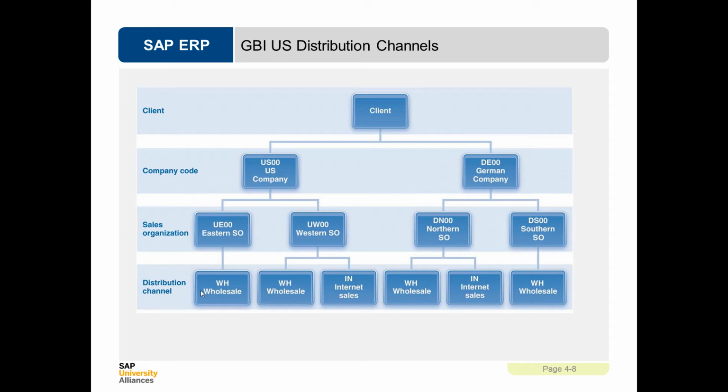In other words, if we know that in the case of Global Bike, for example, internet sales are taking up a larger and larger proportion of overall sales, then that might lead us to a different marketing strategy than if it was true that the wholesale channel was providing most of our revenues. So dividing up the information in this way allows us to better assess the performance of our marketing organization and better allocate things like advertising dollars and other resources to the marketing of our products and services.